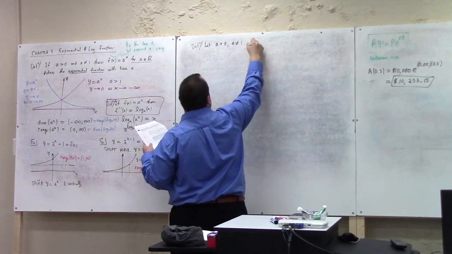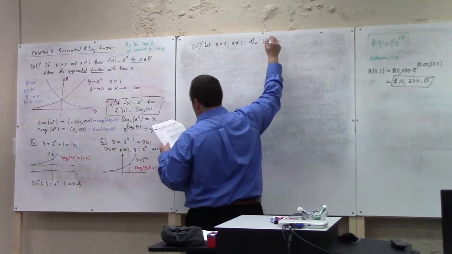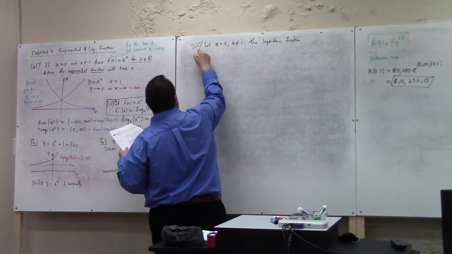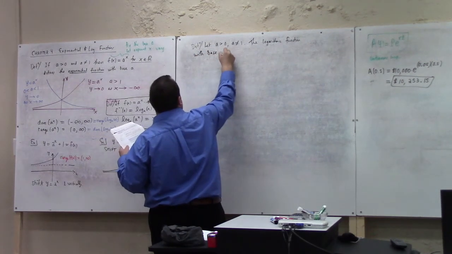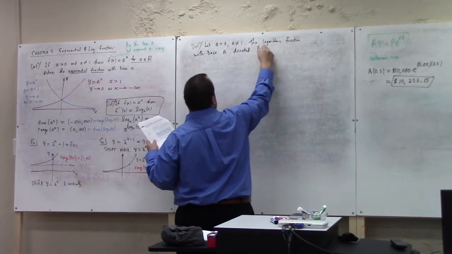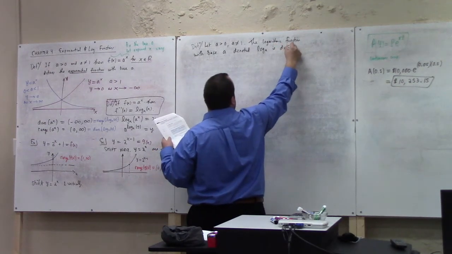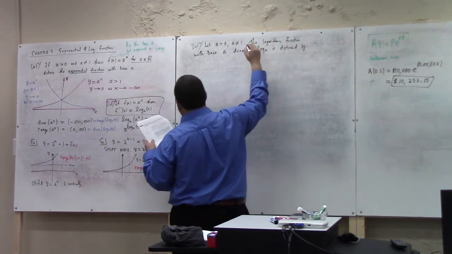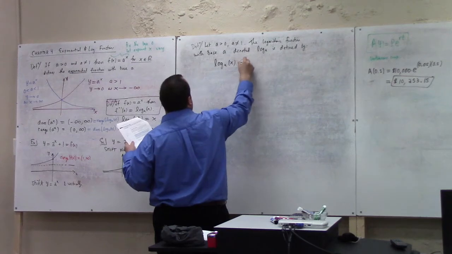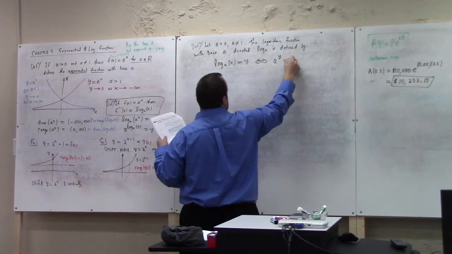Then the logarithmic function with base a, denoted log base a, is defined by log base a of x equals y if and only if a to the y is equal to x.